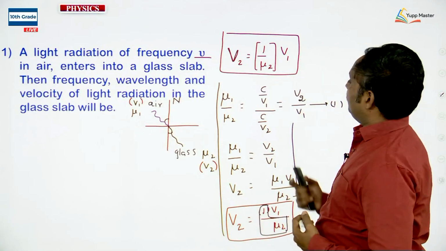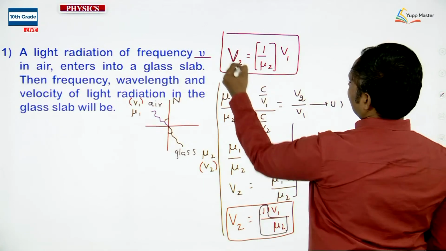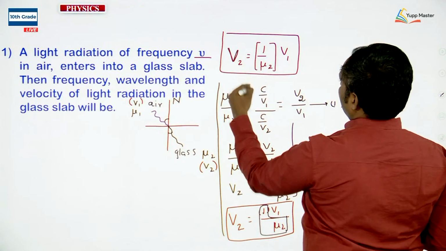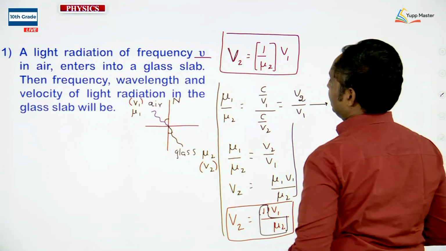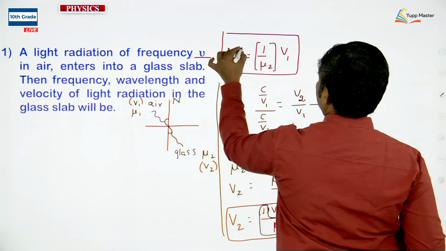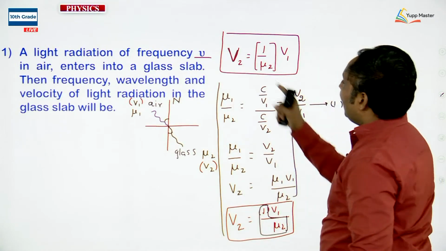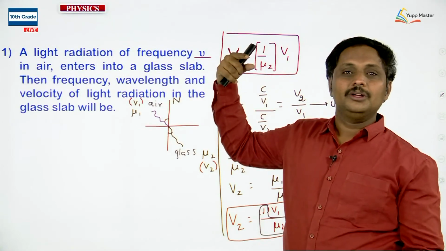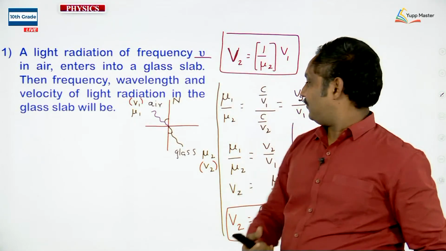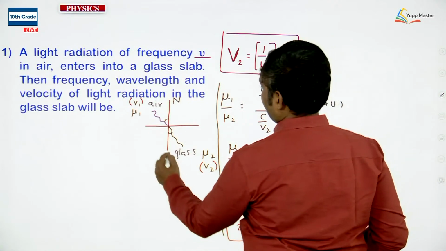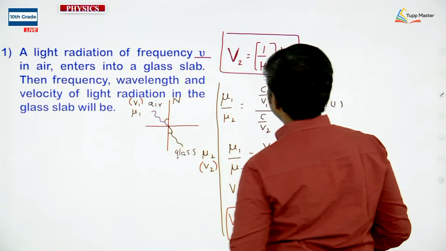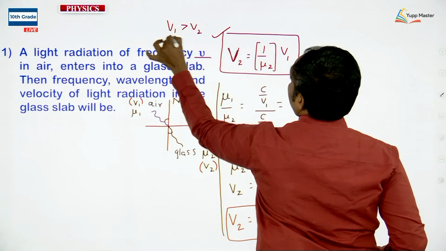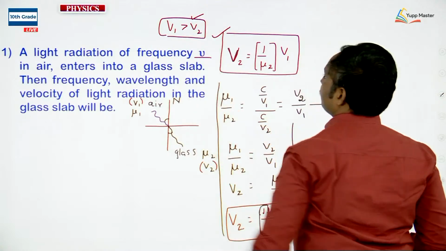Please, let's have a look. As you have obtained that V2 value, it is going to be reduced by mu2 times, right? So you will confirm that this is the one relation, V1 is greater than V2. This is all right.